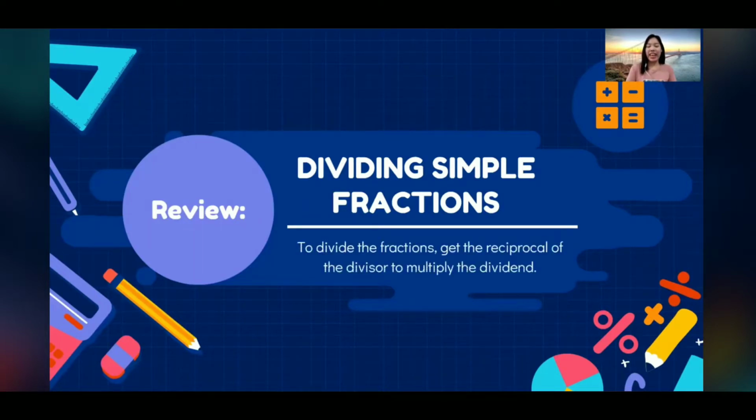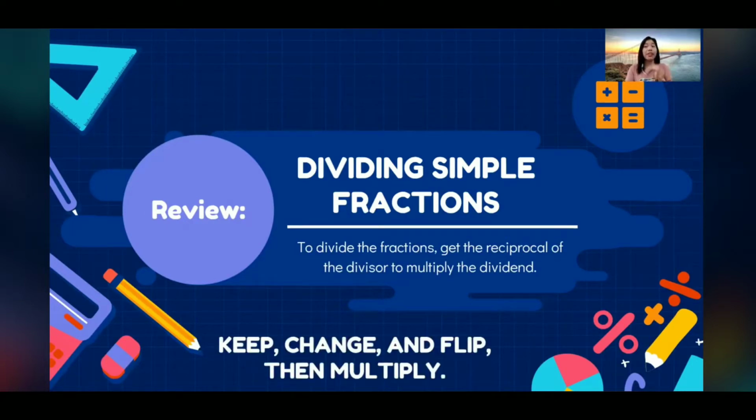Exactly. And the technique that I've just taught you before, keep, change, flip. After keeping the first fraction, change division symbol to multiplication symbol and then flip the second fraction. After those, we will multiply the two fractions for us to be able to get their quotient. Do you have any questions or clarifications about this one?